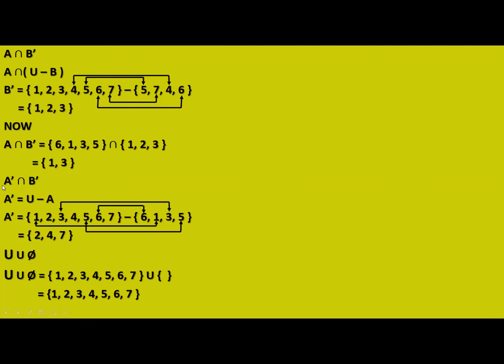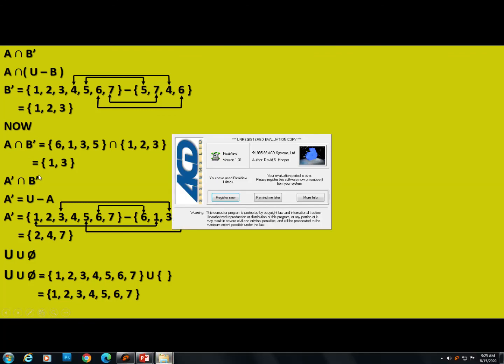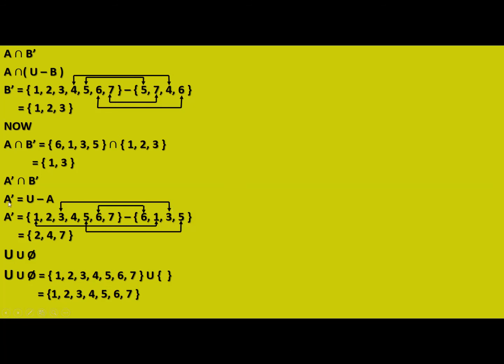Now see, on A there is also a complement sign, and on B also a complement sign. So what will we do? First, A complement. I've already told you, when you have to find A complement, the complement sign stands for U difference A. So first write the elements of U and then write the elements of A. And what did we learn?